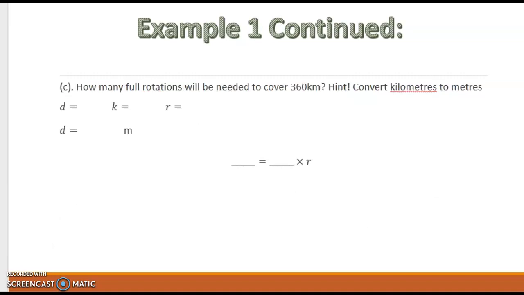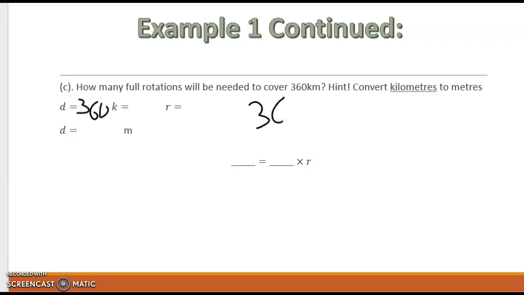Let's try one more. How many full rotations will be needed to cover 360 kilometers? Okay, so it tells us to convert the kilometers to meters first of all. Let's do a little calculation over here.